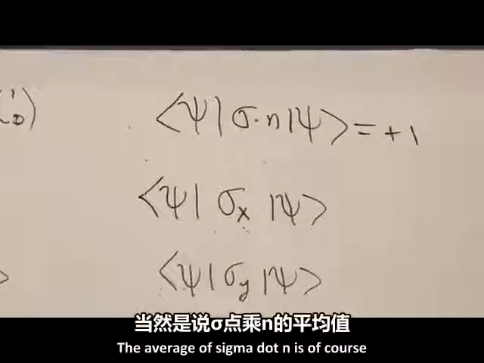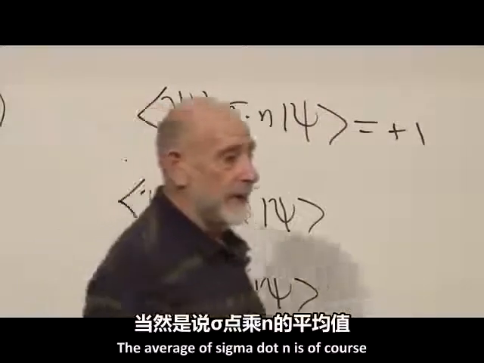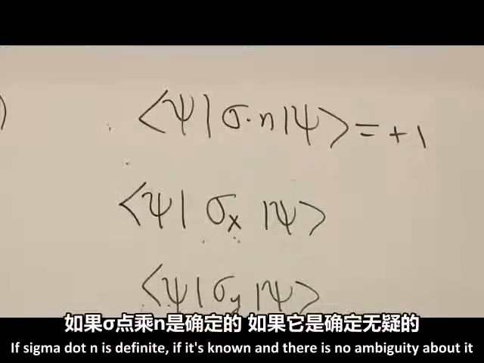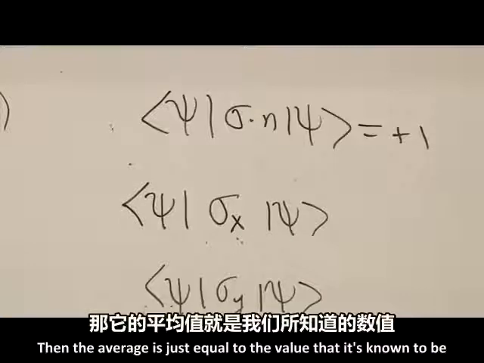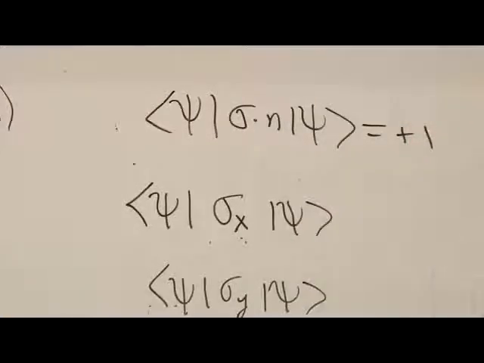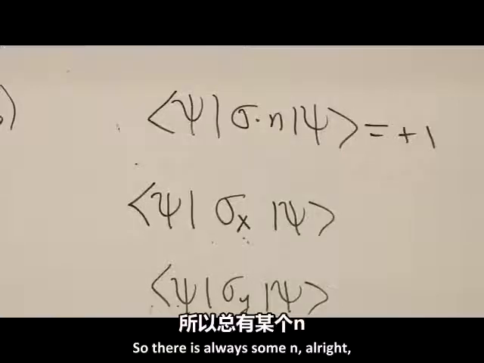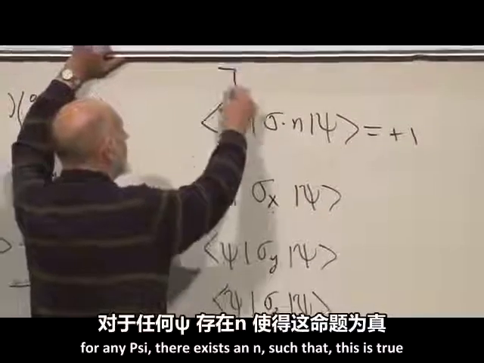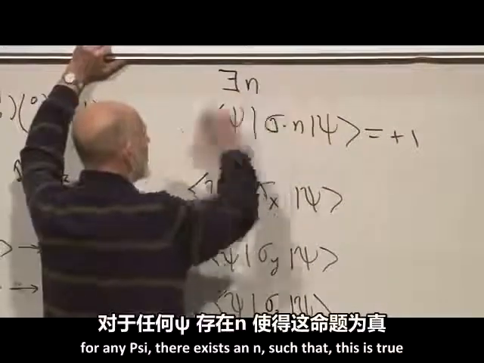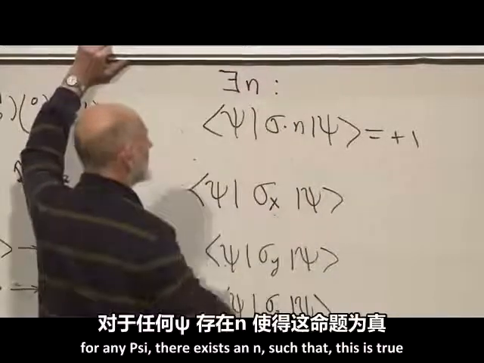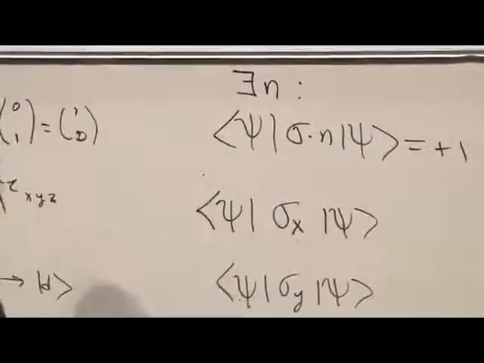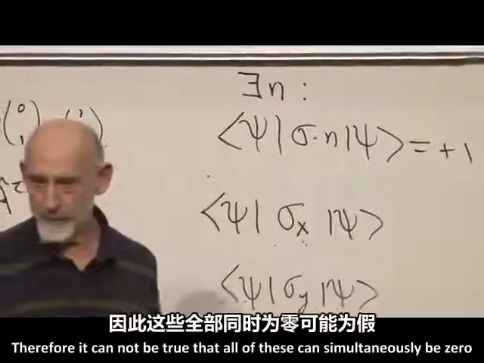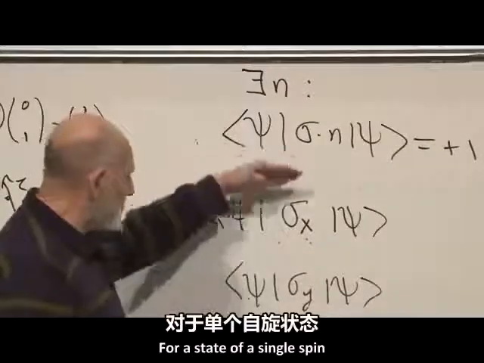If sigma dot n is definite, and there's no ambiguity about it, then the average is just equal to the value that it's known to be. So for any psi, there exists an n such that this is true. Therefore, it cannot be true that all of these can simultaneously be 0 for a state of a single spin.